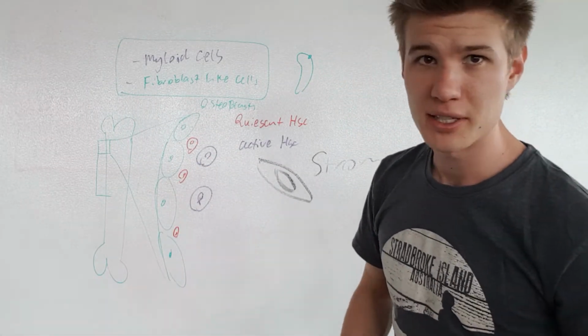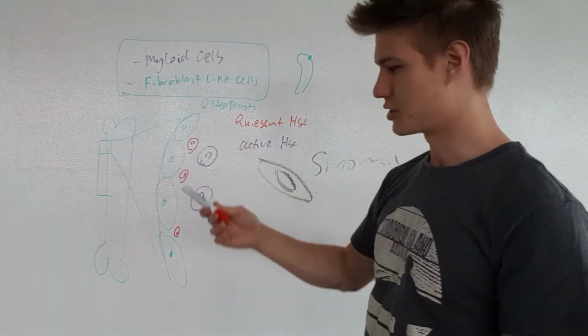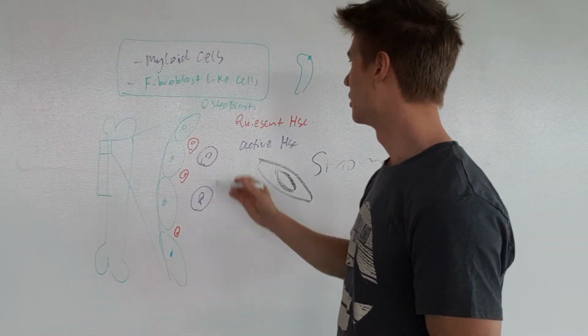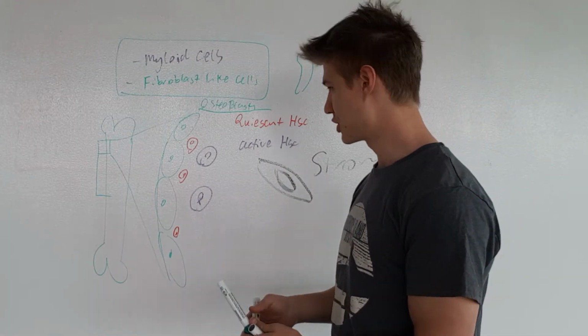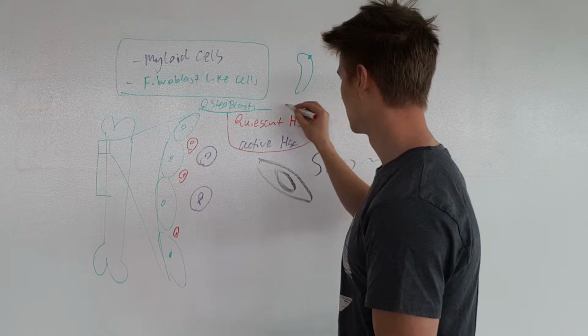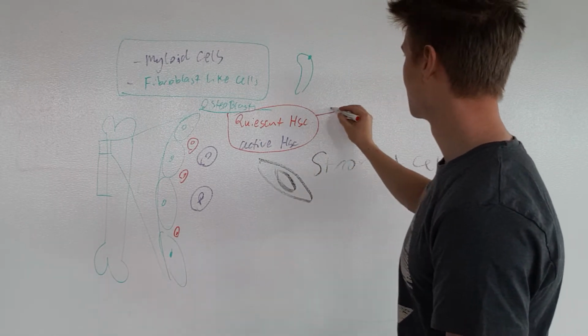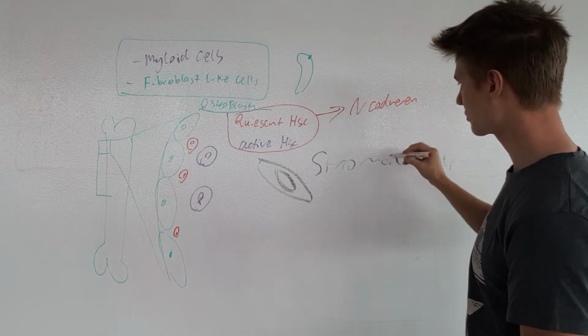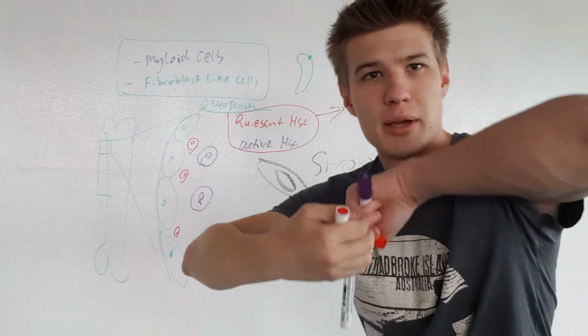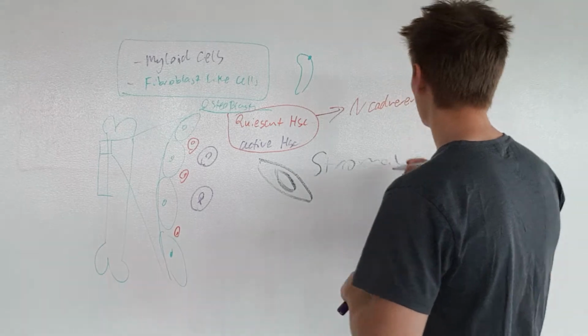Now the important aspect of this is that both these osteoblasts and the HSCs produce N-cadherin, which you can think of as like a pair of little gluey hands.